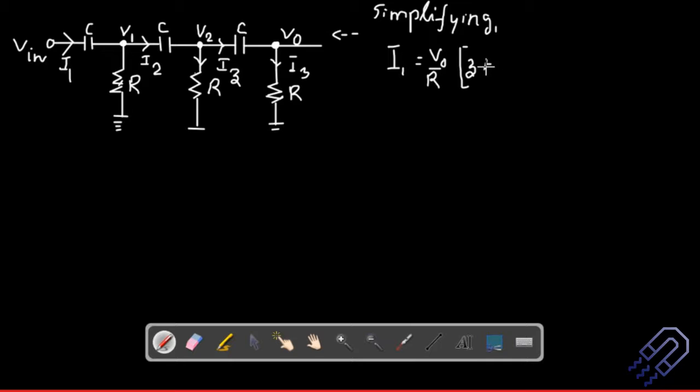All of them will have three terms. If you remember that basic thumb rule, it will be easier for you during the exam. Omega CR minus 1 divided by omega square C square R square. If you simplify this, you should get this, and that's our equation.